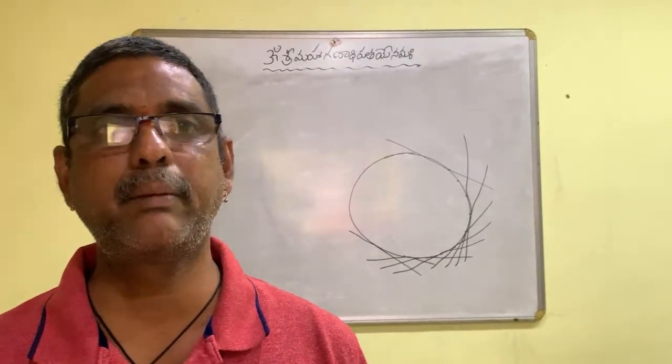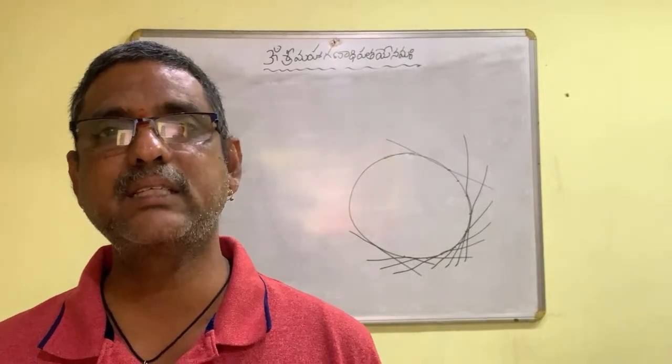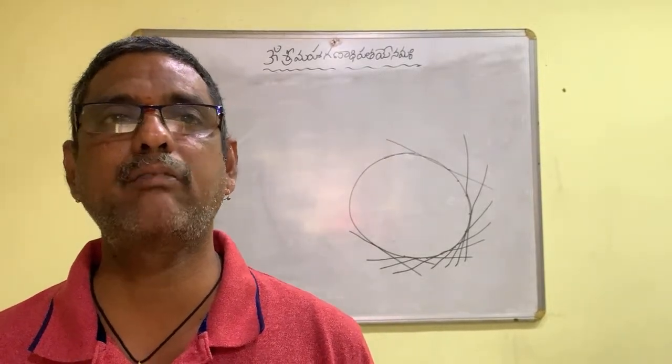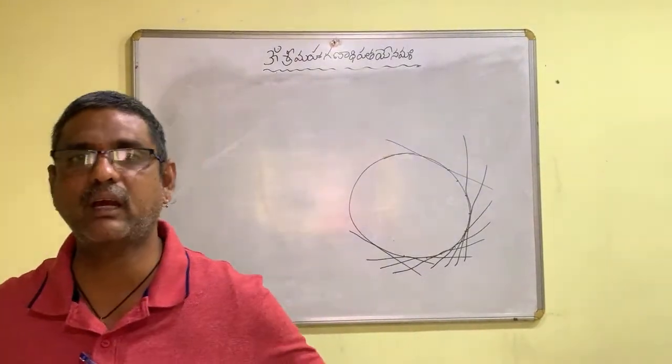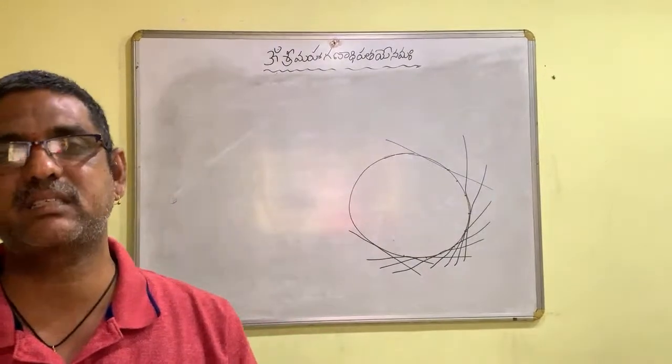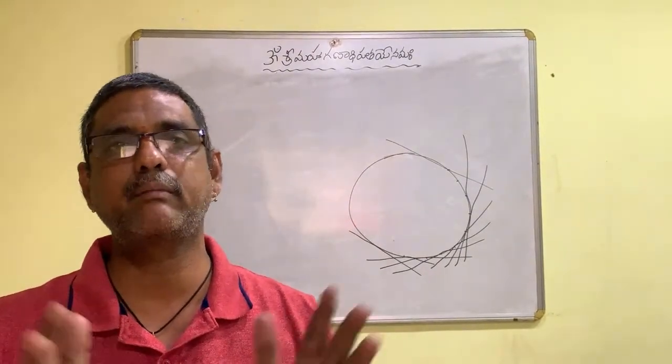Once again, I am repeating. A circle is having infinite number of points on it. Is that right? A circle is nothing but a collection of infinite number of points which are at a fixed distance from a fixed point.